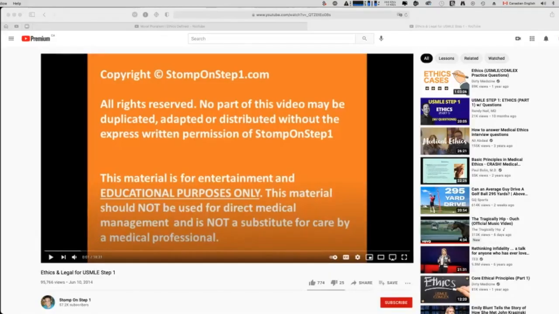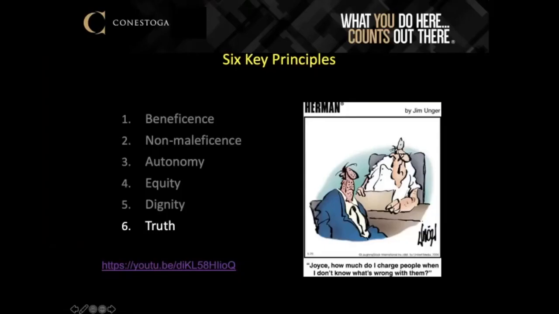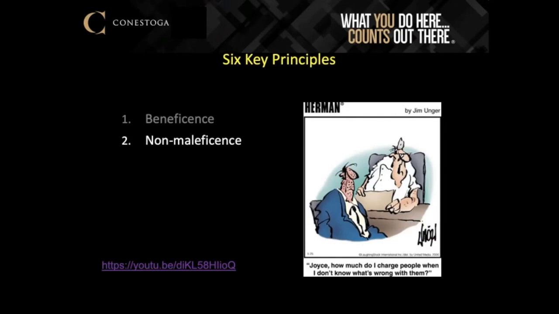So let me go back to where we are at in terms of our scoreboard. So beneficence, non-maleficence, you sometimes say malfeasance, it's autonomy, equity, dignity, truth.